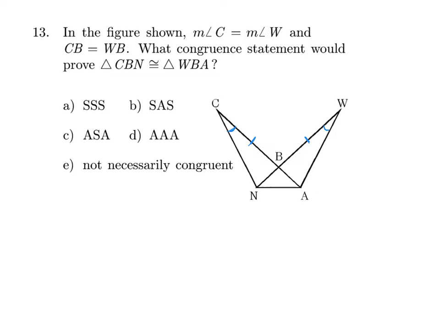What congruent statement would prove CBN is congruent to WBA? Well, check this out. I have these vertical angles right here. So then we have ASA. There's our shortcut there. Done.